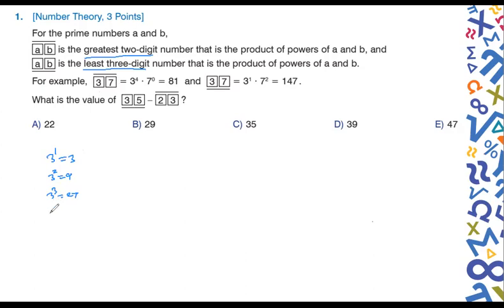If I try 3 to the 4th power, you will get 81. And if I go with 5th power, it's already a three-digit number, which we don't want to take. And 5 to the first is 5, and 5 to the second is 25, which is already big. And when you multiply some different combination, including the 0th power of this, you should be getting something smaller, a three-digit number.